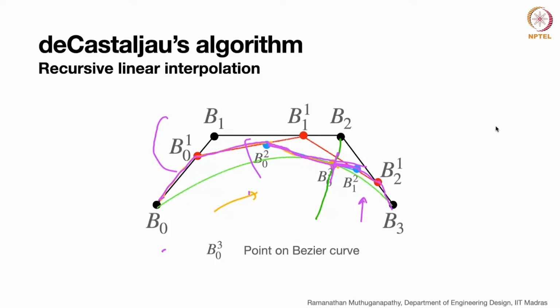And then your stopping criteria will depend on your n. For this curve n equals 3, right? So how many times do you have to subdivide this polygon? One time, then this is second time, then this is third time, and the fourth time is what you are going to get a point. That is exactly the same as 0, 1, 2, 3 steps.